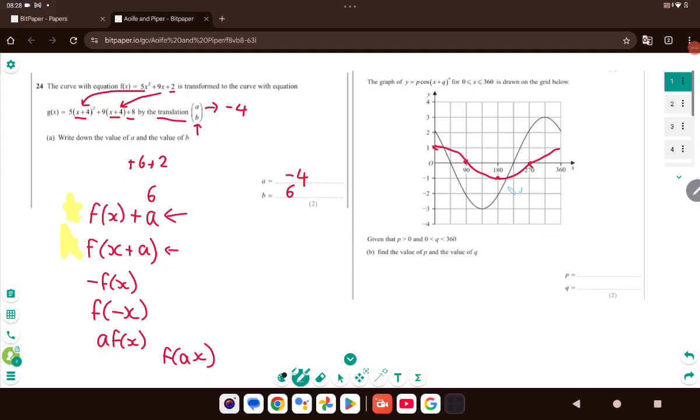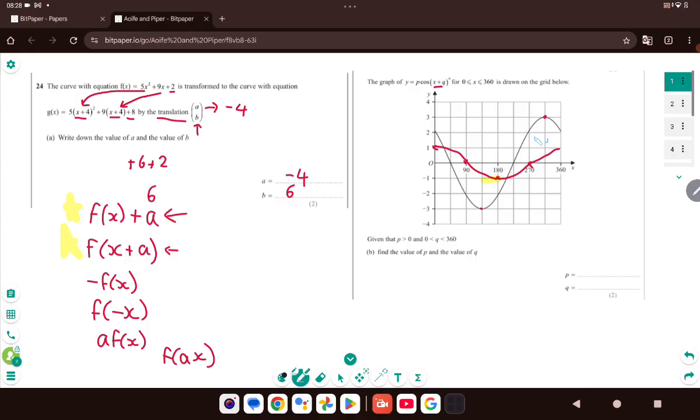So I'm going to be looking at the translation part of it first. If you see, we have a maximum here and a minimum here, so I'm going to compare the maximum and minimum points from the original graph. And as you can see, this minimum point has moved 45 degrees to the left.